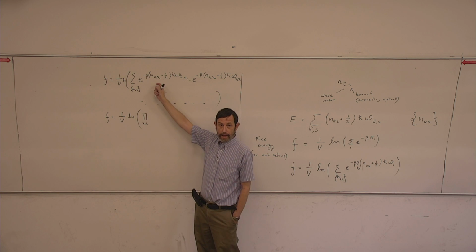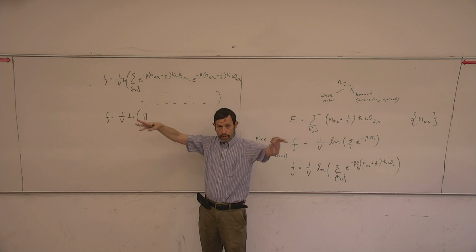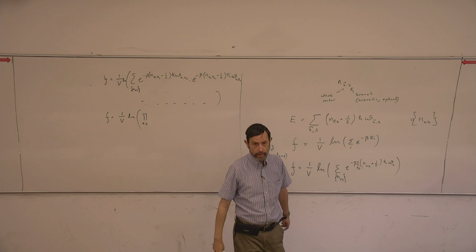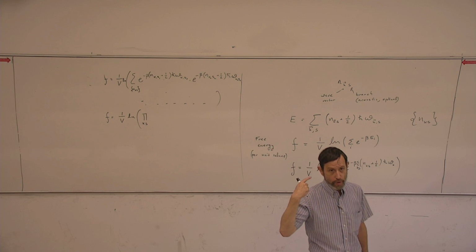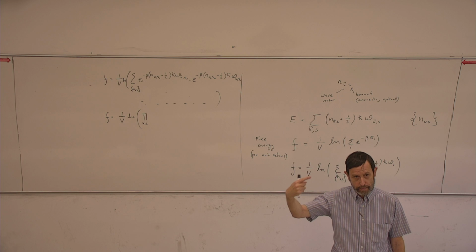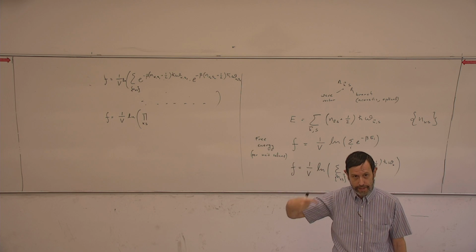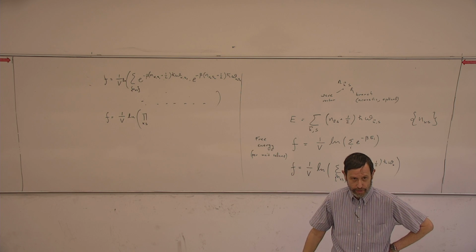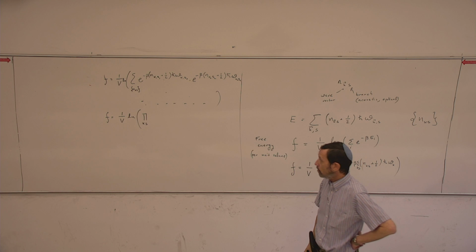Instead of summing up all the different possible NKS, I can sum over the first possible NKS, and then over the second, and then over the third, and so on and so forth.